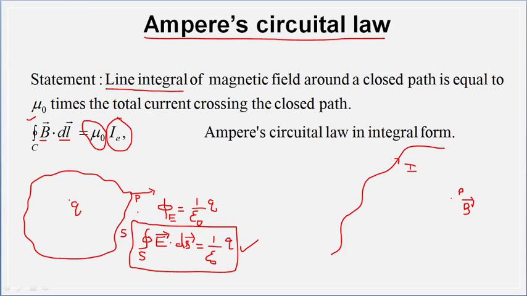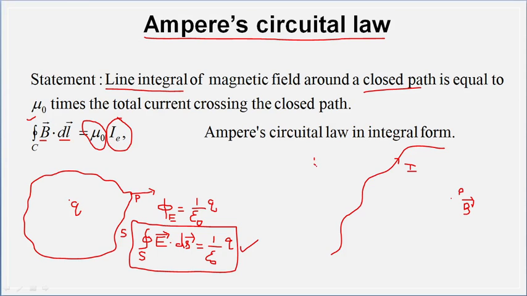Then, just like in electrostatics you choose the closed surface around that charge, in this case you choose the closed path around that current. So here, a closed path is chosen. In electrostatics, we choose the closed surface.